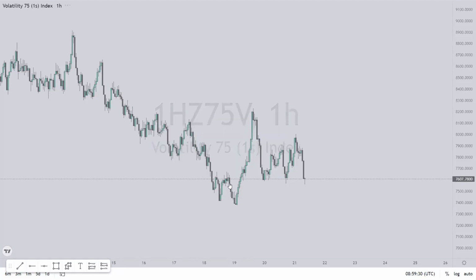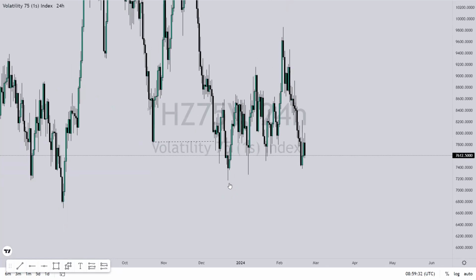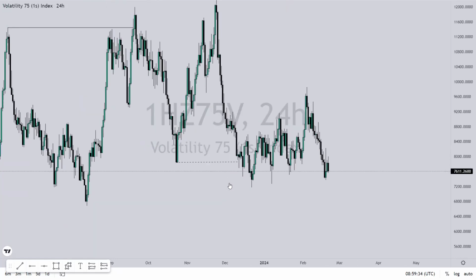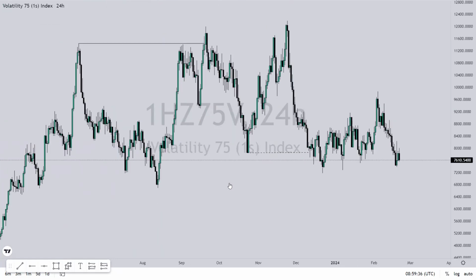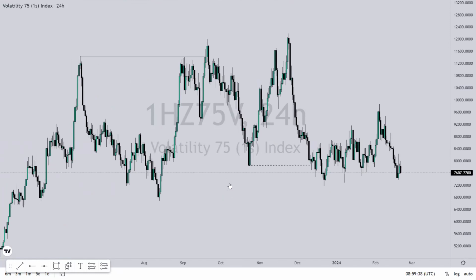So I'm going to start my analysis from the 24 hours time frame. The first thing you would want to do is mark out your structure. I have always been talking about structure. Mark out your structure clearly and be able to recognize the range you are currently in.